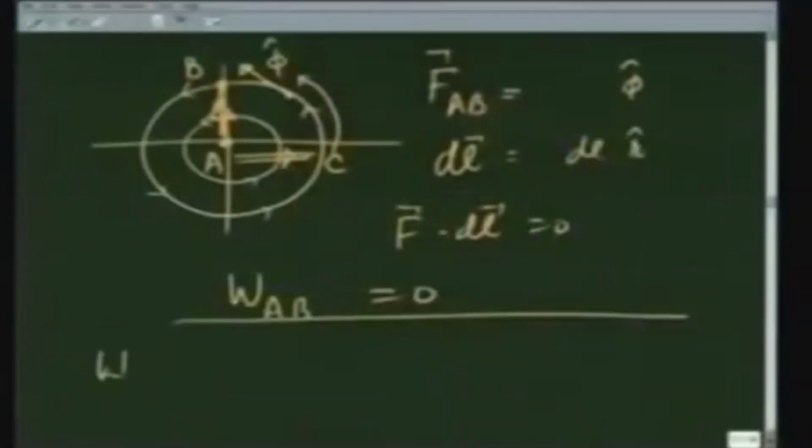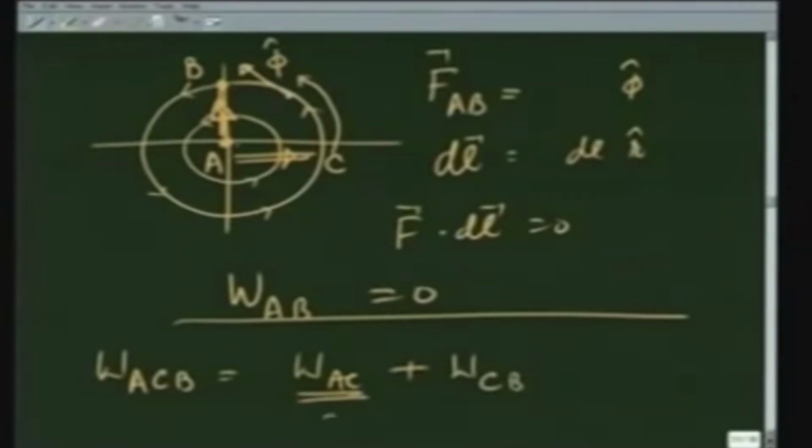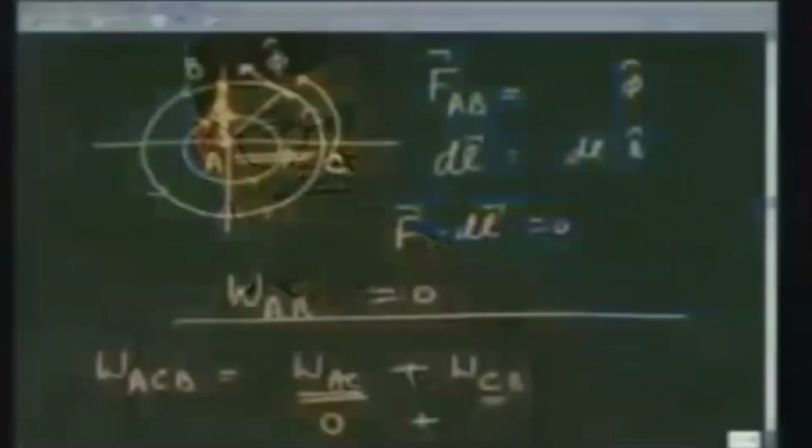How about work when I go from A to C to B? This is going to be work from A to C plus work from C to B. Work from A to C is like work from A to B, therefore 0, but this is not, because here the displacement and the force both are in phi direction. In fact, if F depends only on the radial distance, then work ACB is going to be the force at radius r times pi over 2 r, which is non-zero.